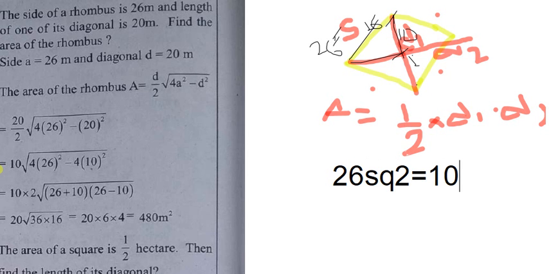Then the next step is this. If I don't know this value, can I consider this as x, the unknown side? Okay, this value is x, or a question mark in our language.